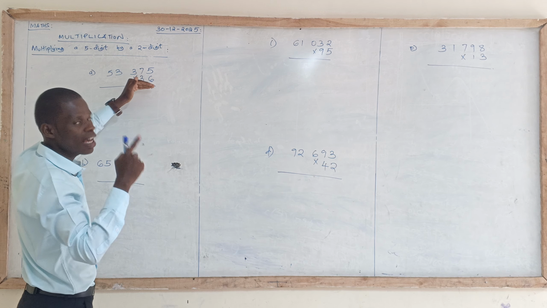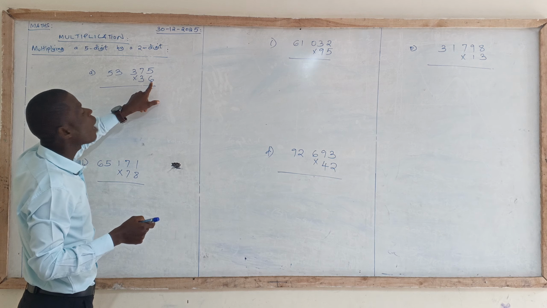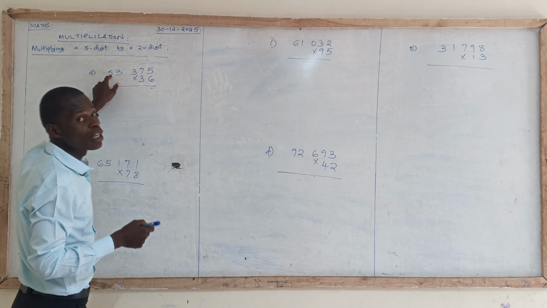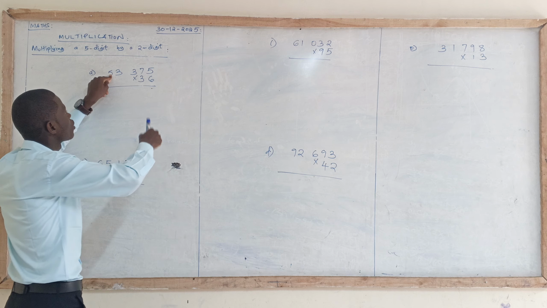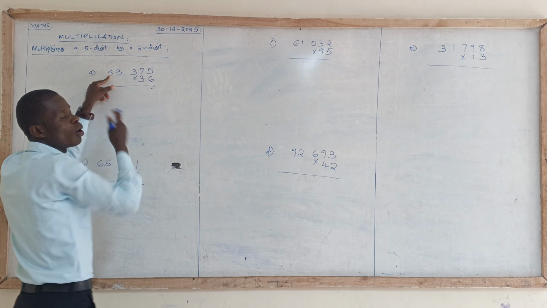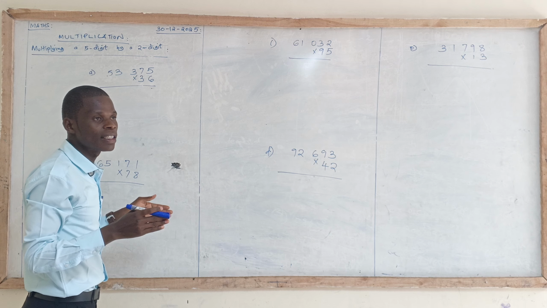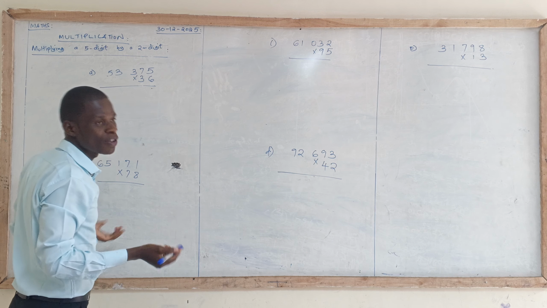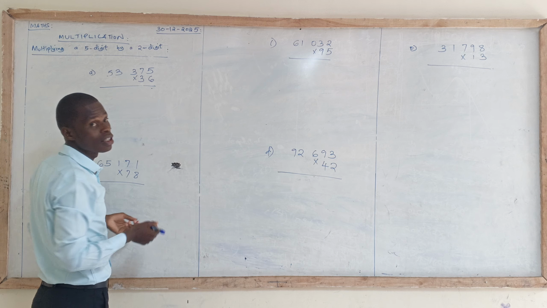So, we start with the ones digit. Take 6 and multiply by everything. And the way we talked about in our previous lesson, we start from the right towards the left. Once you are done with the 6, what is next? Don't worry, we have not even reached there and you have started worrying.